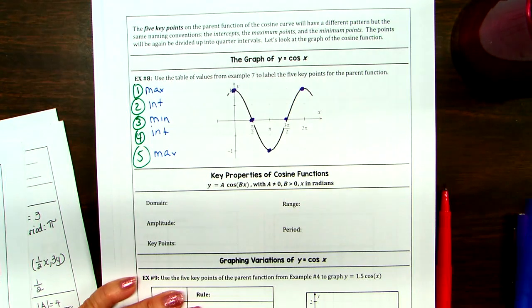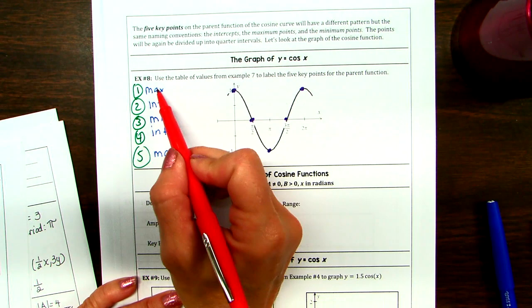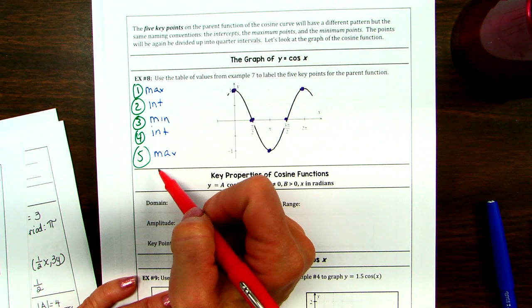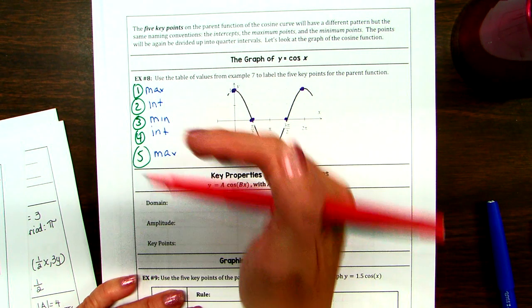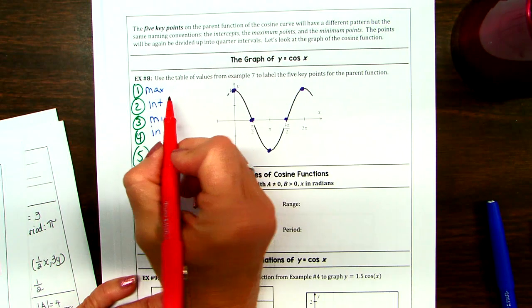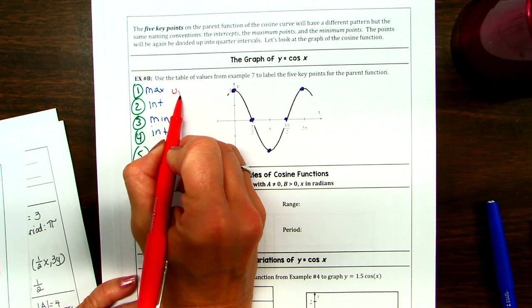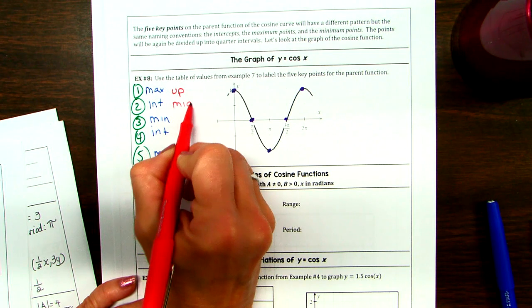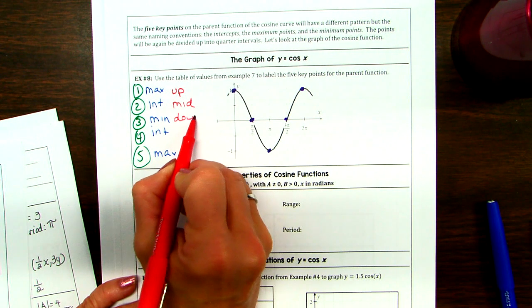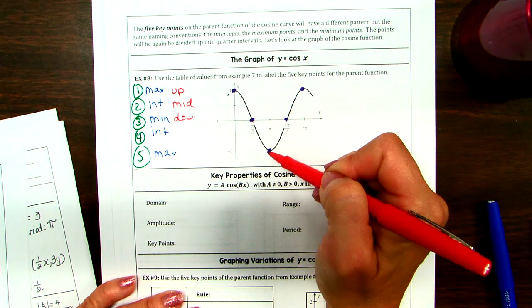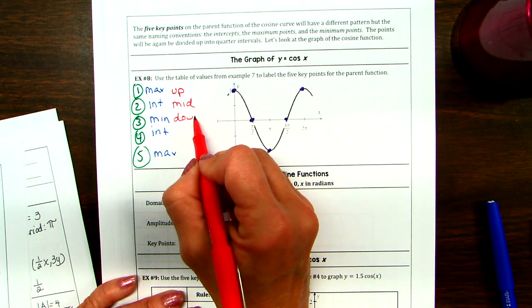But as I told you guys on Friday, I don't like to use these words. I prefer saying up and down and middle because when these start moving around, it makes more sense. So we can call this up, middle, down, right? Then what comes next?